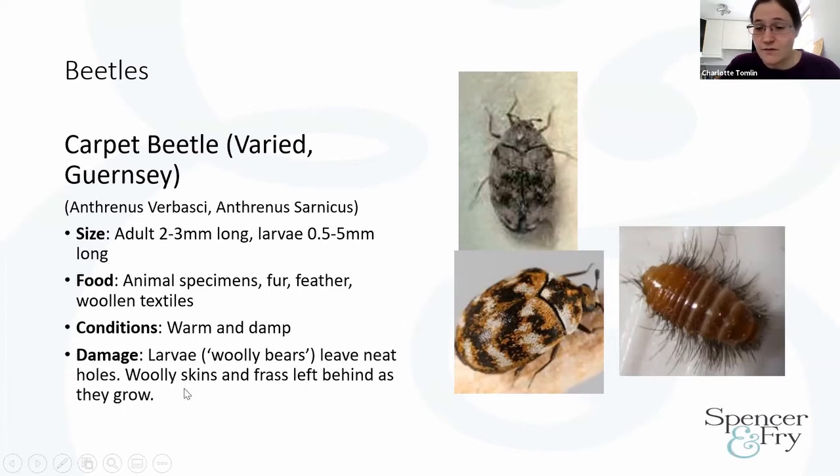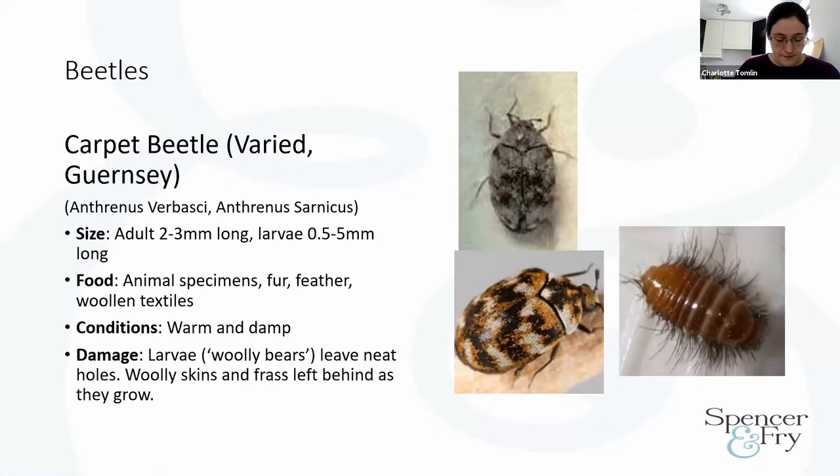And as woolly bears, they tend to shed their skins quite regularly. So you'll find empty woolly bear skins and frass left behind as they grow. Like I say, the beetles are often hard to tell apart as well. They're small, round beetles covered with grey and gold scales.